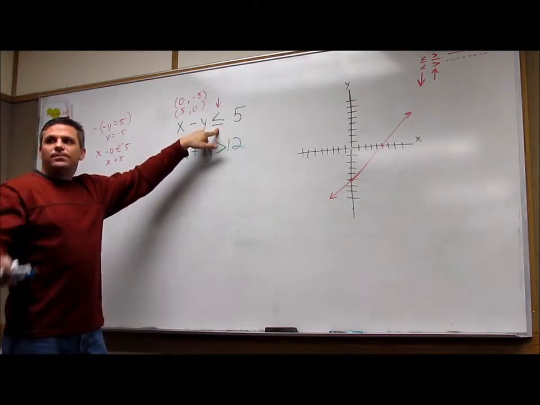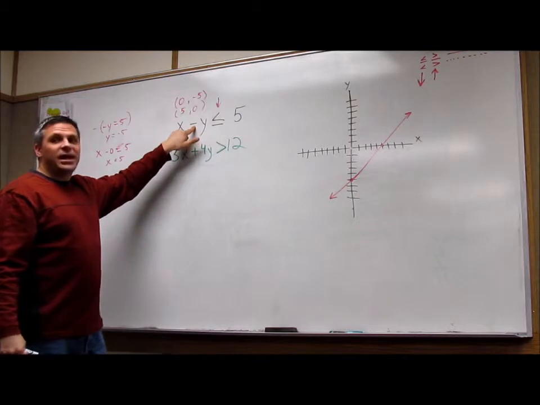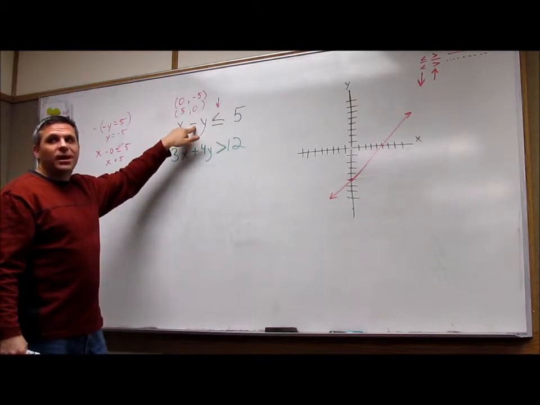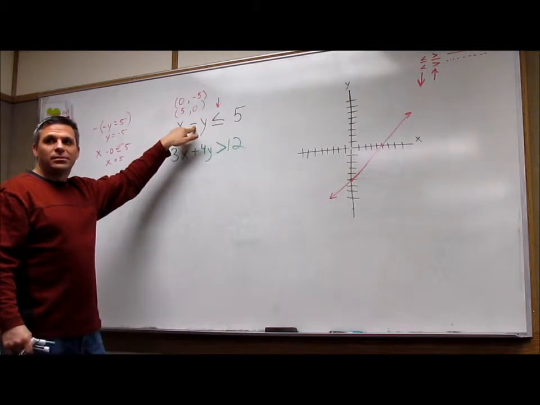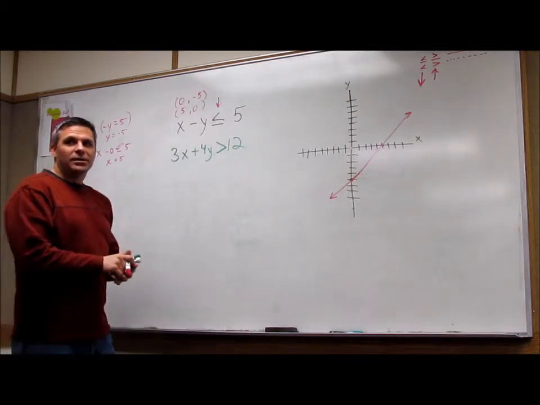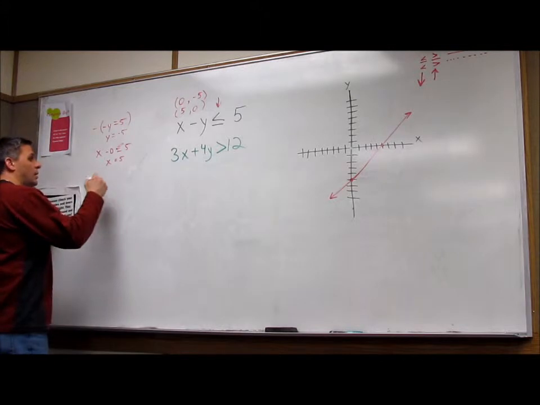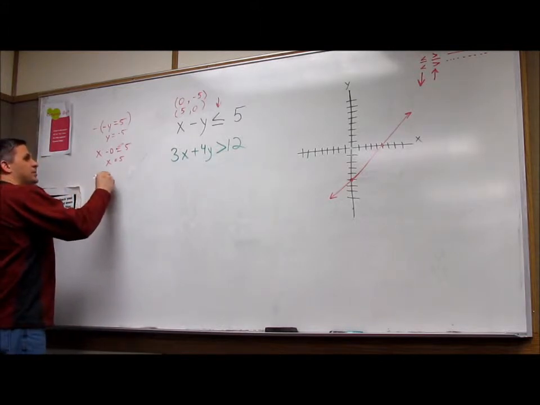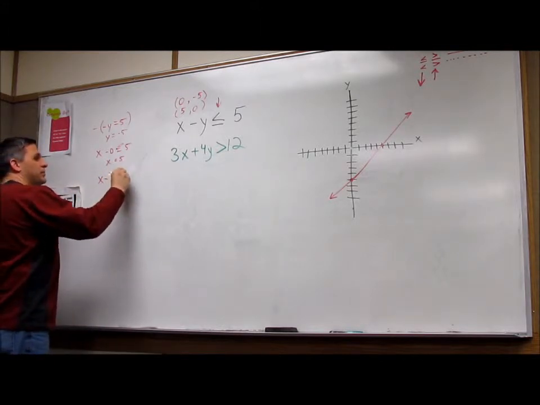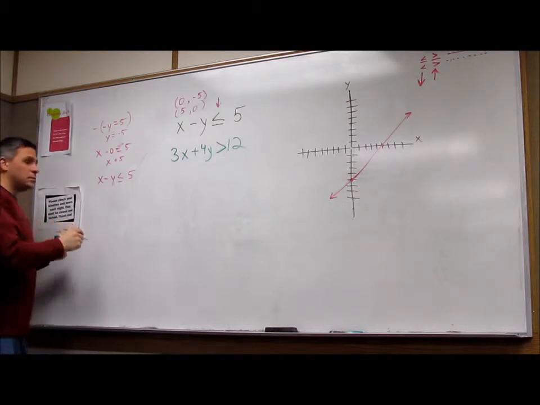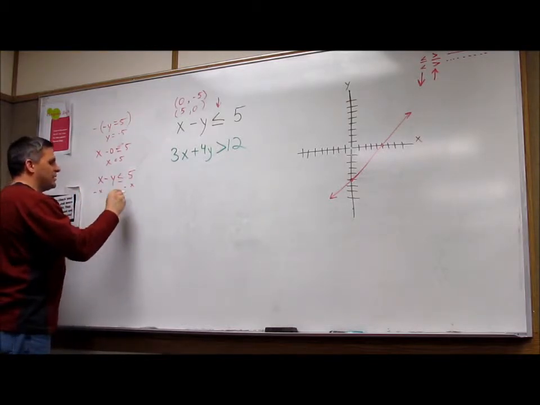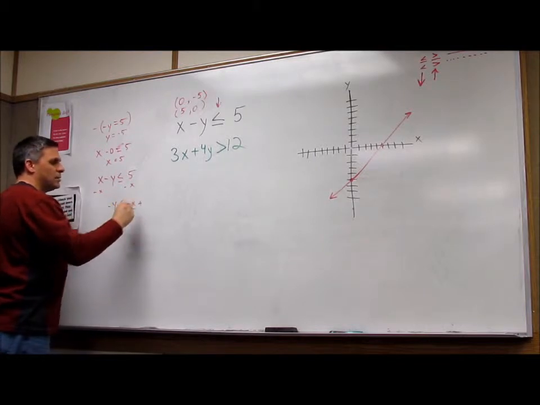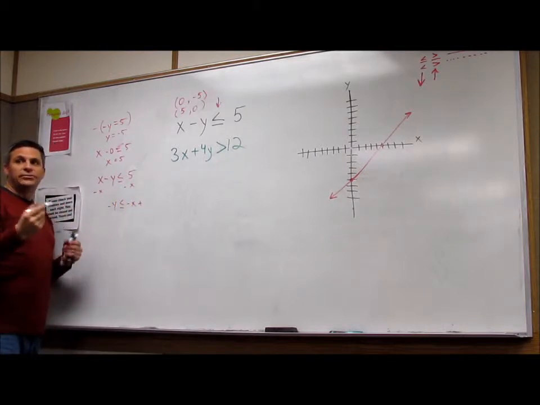But if the y is negative, I do the opposite of whatever it tells me. Confusing, huh? Think of it like this. x minus y is less than or equal to 5. I subtract x, and I get negative y is less than or equal to negative x plus 5, right?